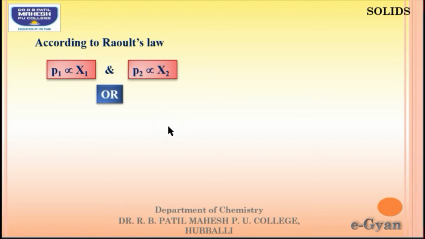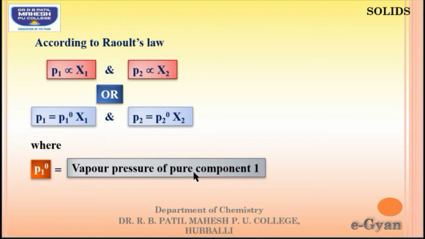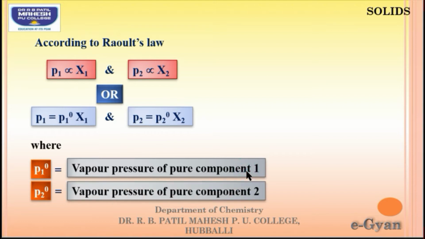Or in other terms we can say that P1 is equal to P1 naught into X1 and P2 is equal to P2 naught into X2, where P1 naught is the vapor pressure of pure component 1, whereas P2 naught is the vapor pressure of pure component 2.